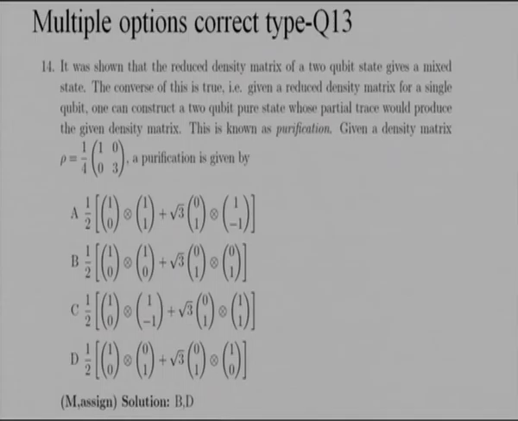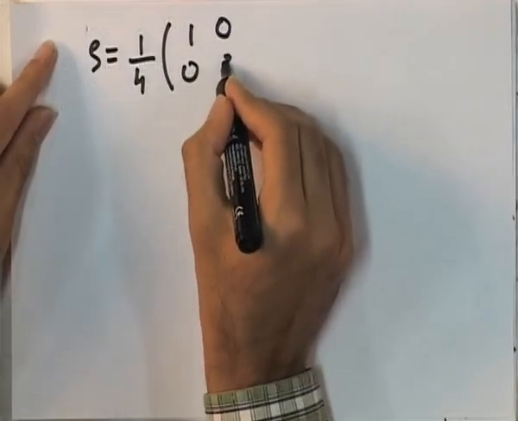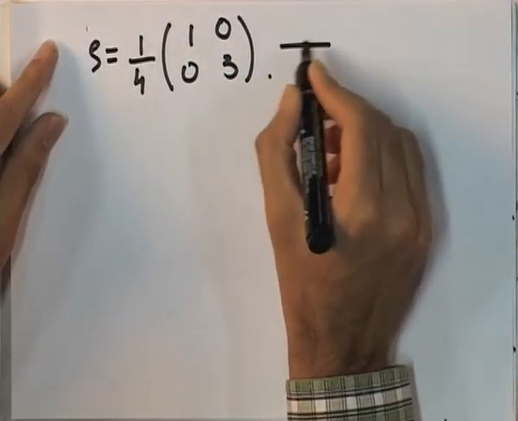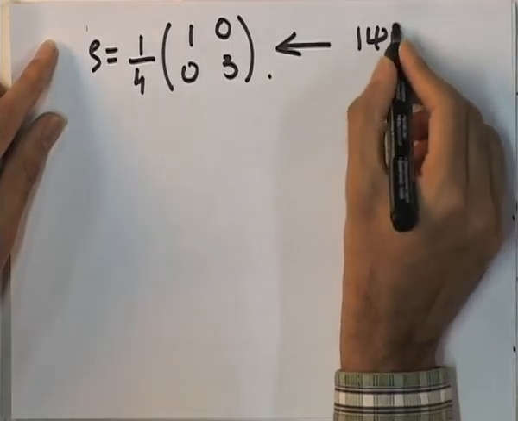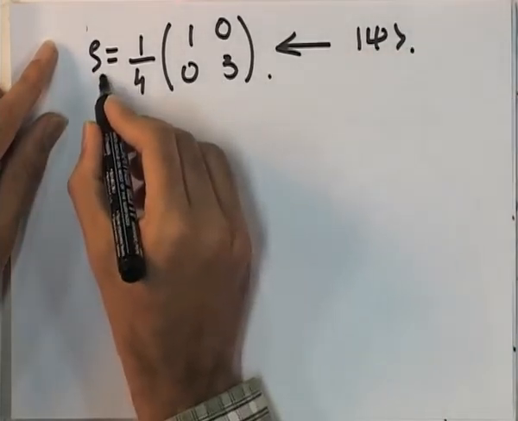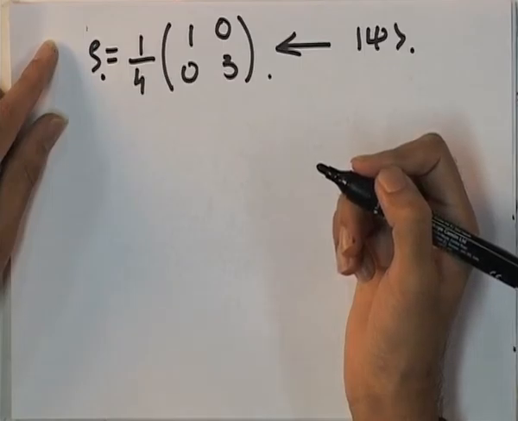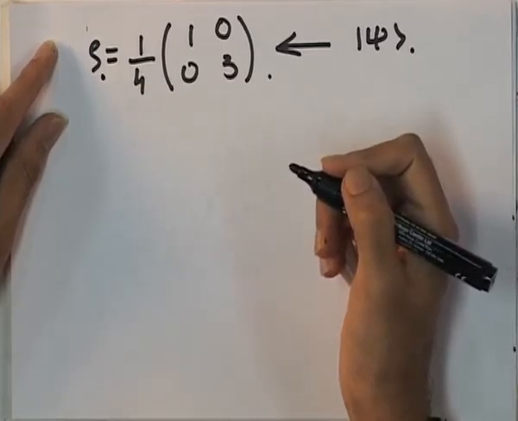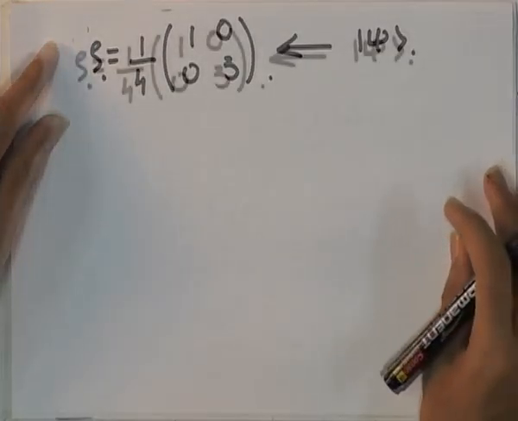We have been given a reduced density matrix, and what we want to find out is which of the states in options A, B, C, and D would give the given rho on reduction. The given density matrix rho is 1 upon 4 times [1, 0; 0, 3]. We need to find a state psi of which this rho is a reduced density matrix. Let us check the correct options directly.